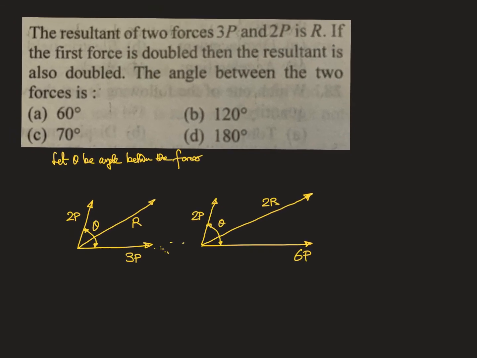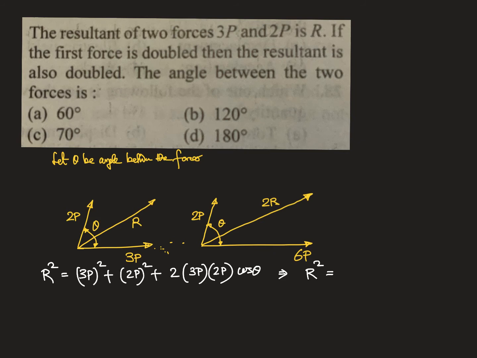So from the first case, r square is equal to (3p) square plus (2p) square plus 2 into 3p into 2p into cos theta. So r square is equal to p square common, multiplied by 9 plus 4, 13, plus 12 cos theta. Let this be equation 1.